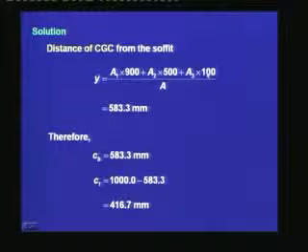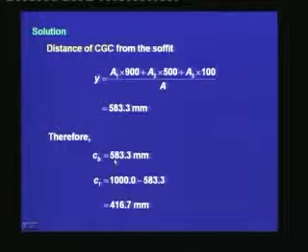All these 3 distances are the distances of the centroids of individual rectangles from the soffit of the beam. Divided by the total area, which we have just calculated, gives us the value of y bar equal to 583.3 millimeters. Thus, the CGC is located at a distance of 583.3 millimeters from the soffit of the beam.